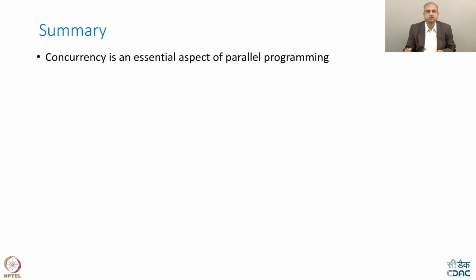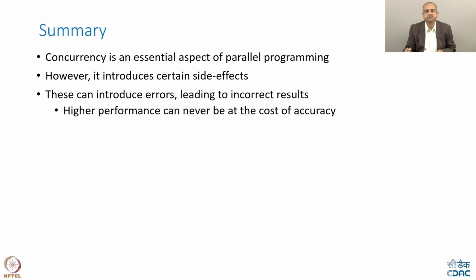Let us now summarize what we learnt in this module. Concurrency was the starting point. We said that parallel programming needs concurrency. While concurrency is helpful in improving the performance, it introduces certain side effects. These side effects can introduce errors which lead to incorrect results.